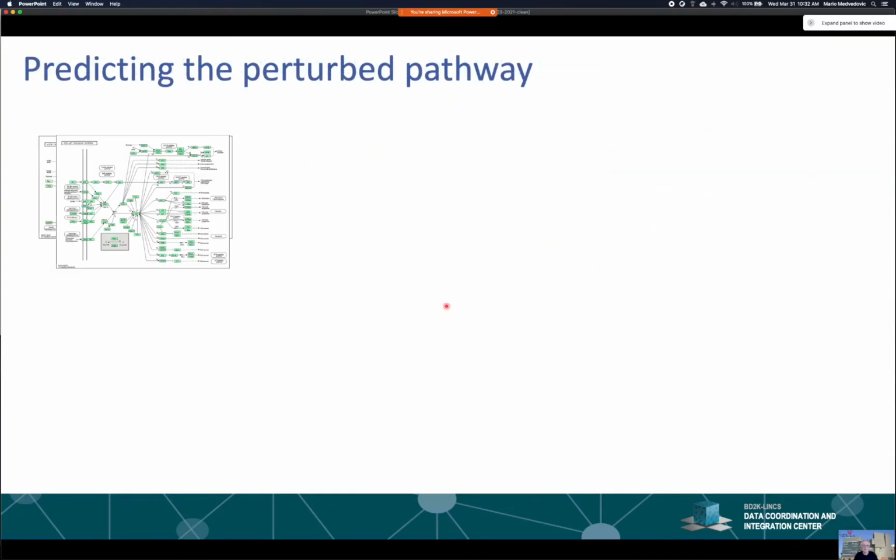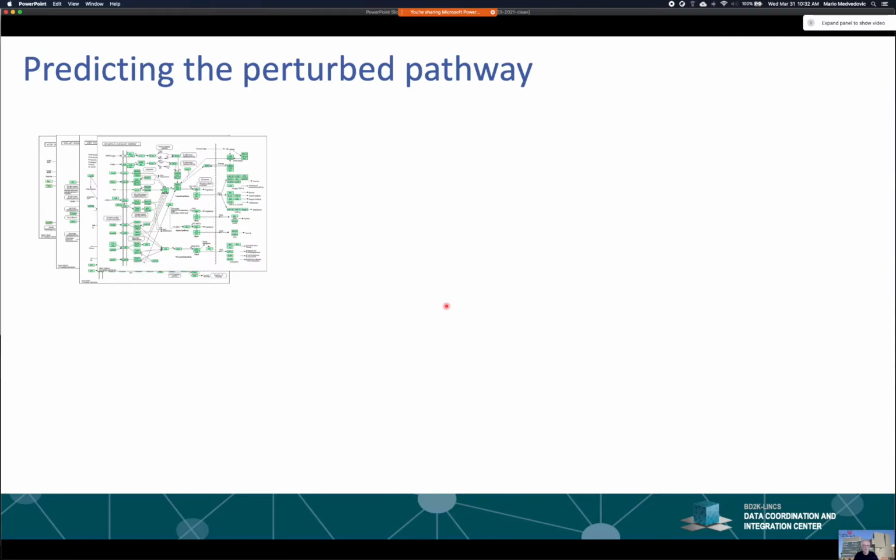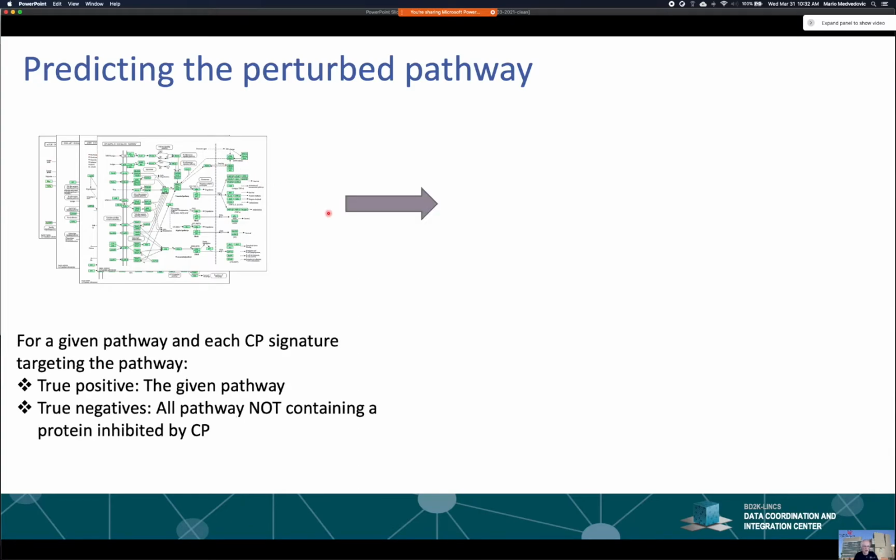And if we look at, say, mTOR inhibitors, across all pathways in, say, KEGG, we look at how well we can predict, for a given mTOR inhibitor signature, that it really inhibits the mTOR pathway versus any other pathway.